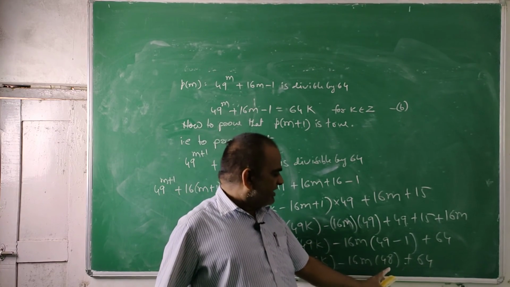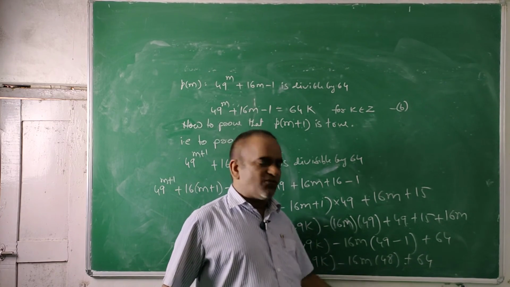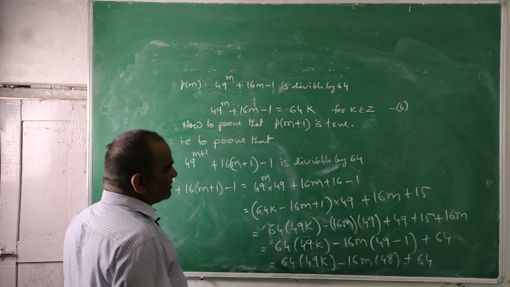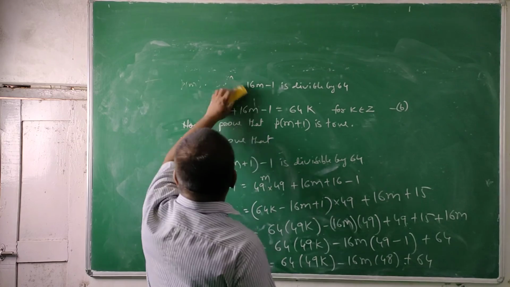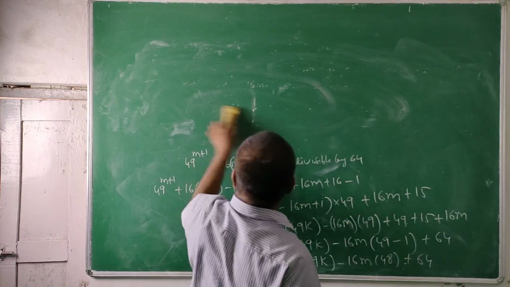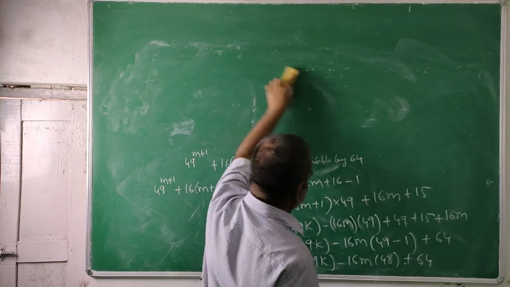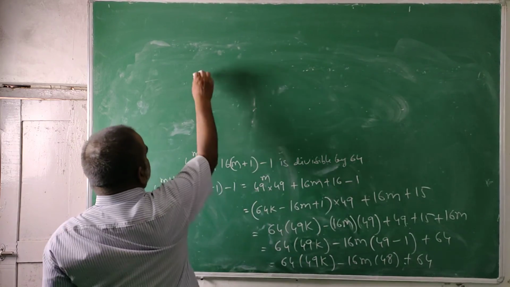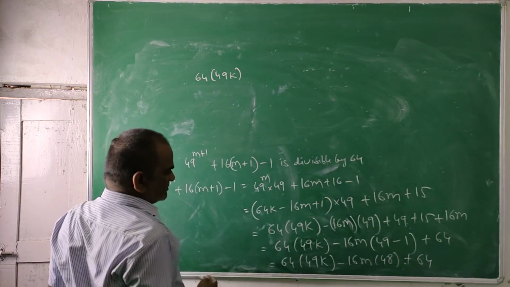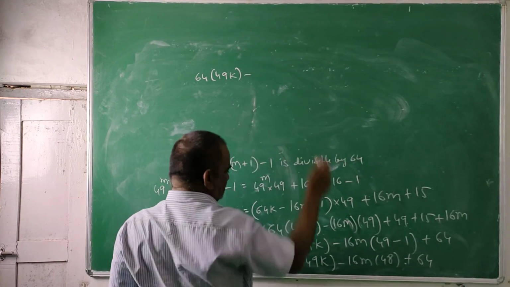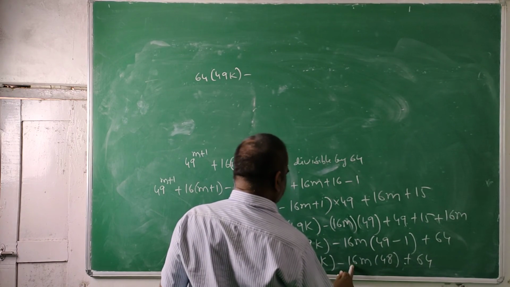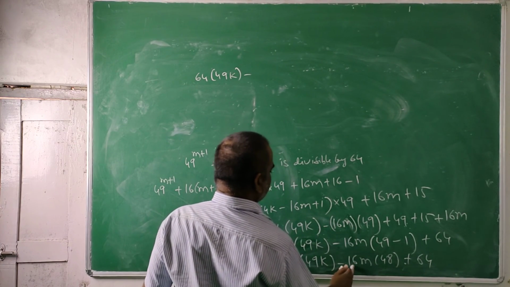Now 48 can be written as 12 into 4. 12 fours are 48. So see, I am taking this. So 64 into 49k minus, if you write this, 12 fours are 48, and 4 when multiplied with 16, you get 16 fours are 64.